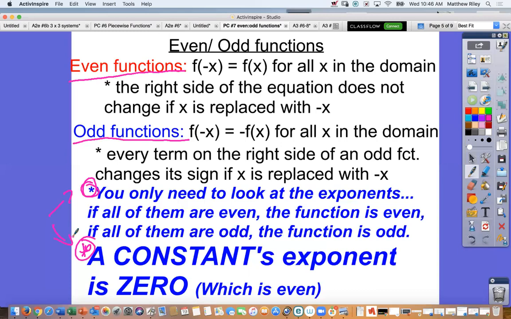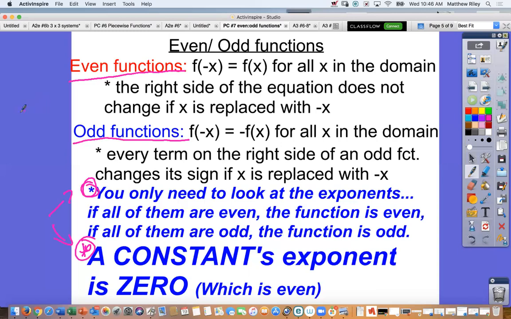All right, so let's discuss. An even function must only have even exponents. All of them must be even. An odd function must only have odd exponents. If you ever have a constant, the exponent is 0, which is even.